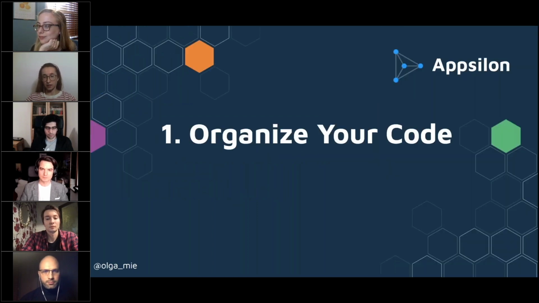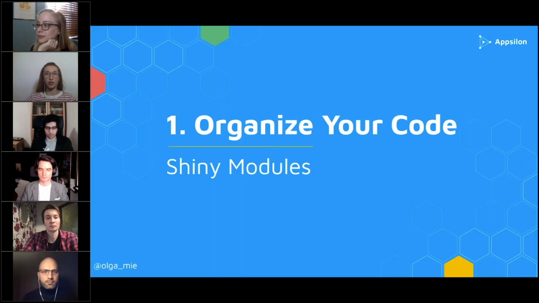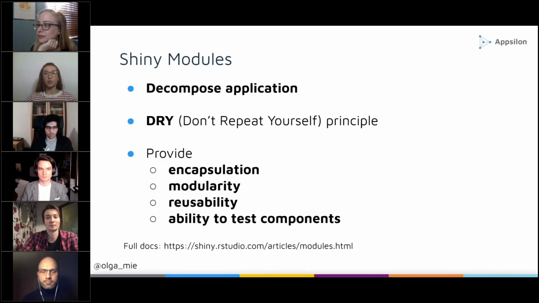How should you organize the code inside your Shiny app? First answer is use Shiny modules. Shiny modules let you decompose your application, so you can follow the don't repeat yourself coding principle. They offer encapsulation, modularity, reusability, and allow you to test whole components.